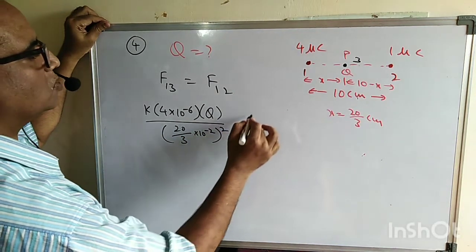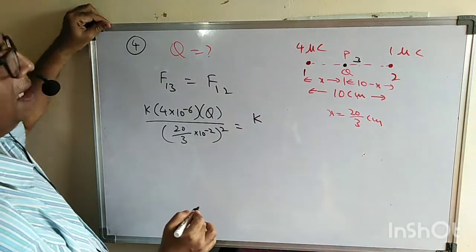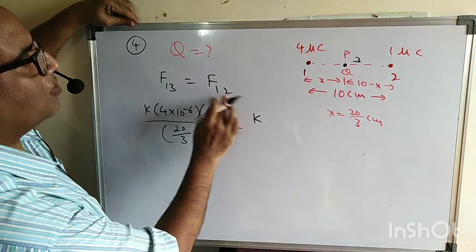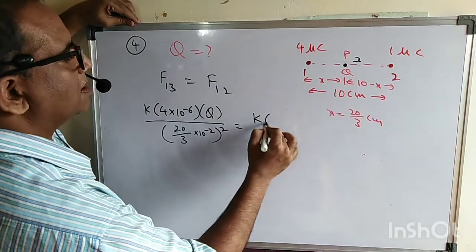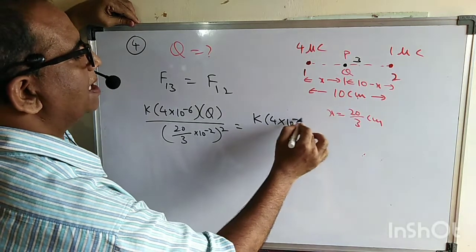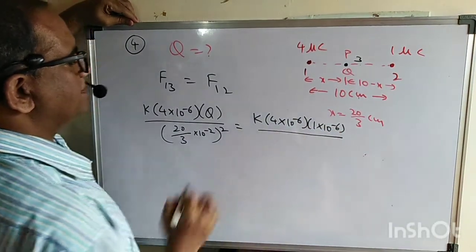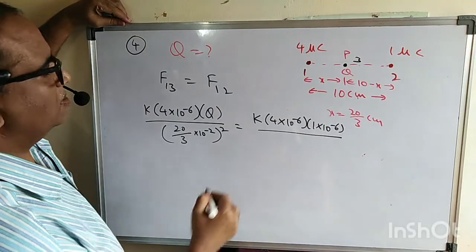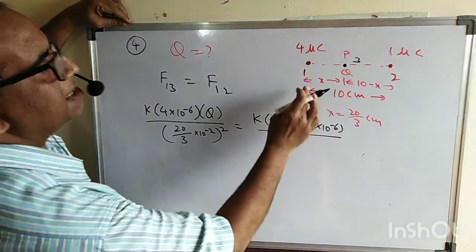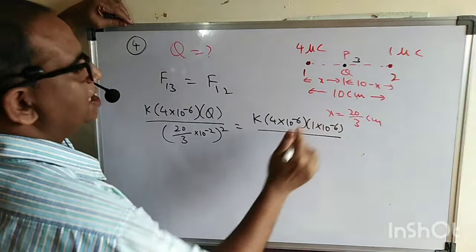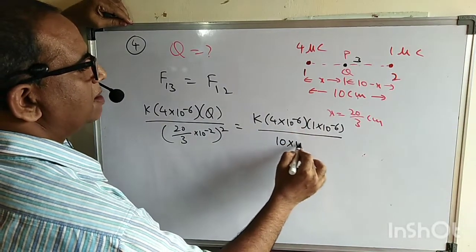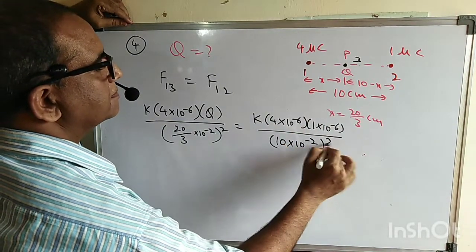That is equal to K. Now you tell me, here F12, 1 into 1 means what? 4 into 10 power of minus 6, 1 into 10 power of minus 6 by how much should you write here? See here, the distance between them is 10 centimeters. So 10 into 10 power of minus 2 whole square.